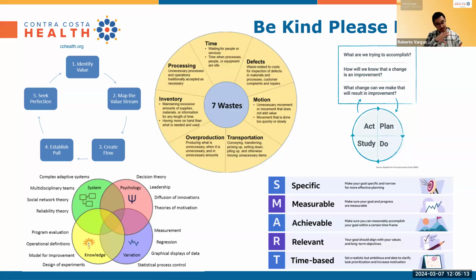Then flowing to the right here, we'll do it in a clockwise fashion. There's a waste wheel, and that showcases the different wastes that you can help to identify during the course of your project that might lead towards identifying deficiencies, otherwise said as opportunities for improvement.